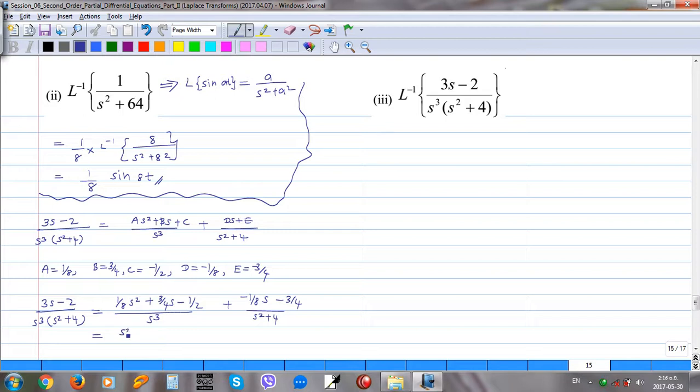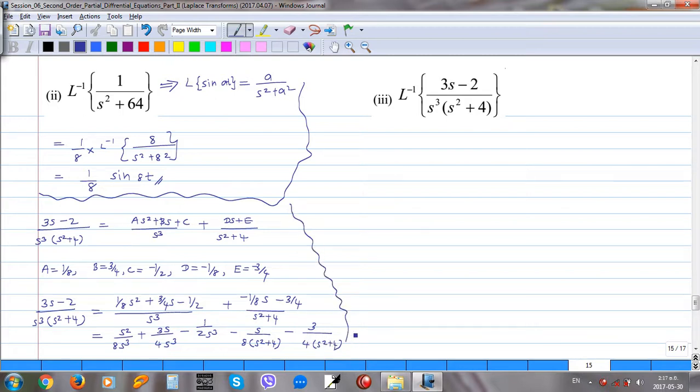Then 1 over 8s, plus 3 over 4s square, minus 1 over 2s cube, minus s over 8 times (s square plus 4), minus 3 over 4 times (s square plus 4).